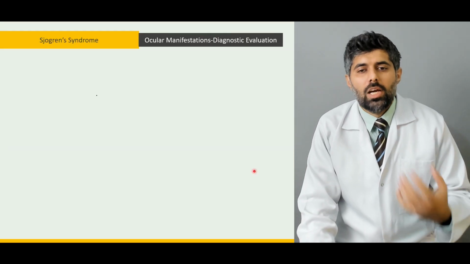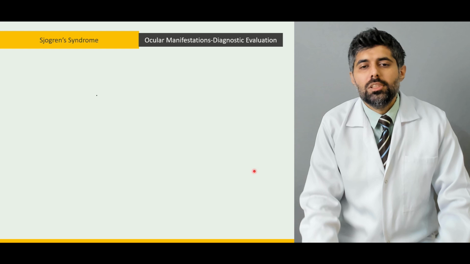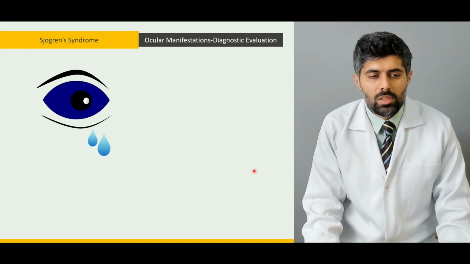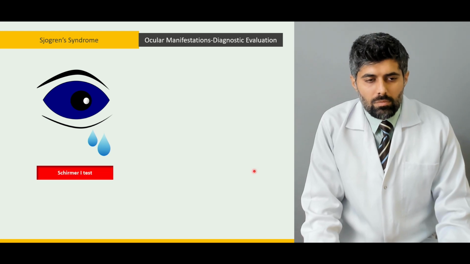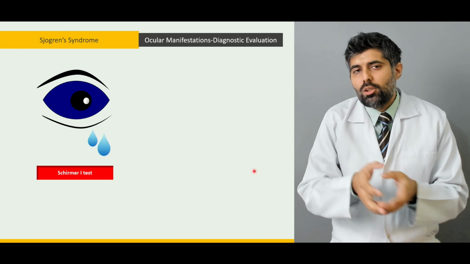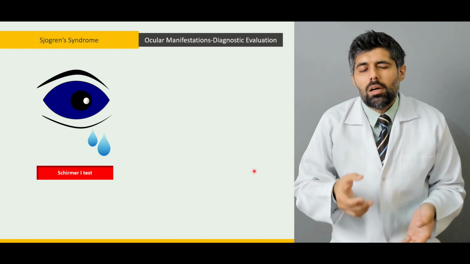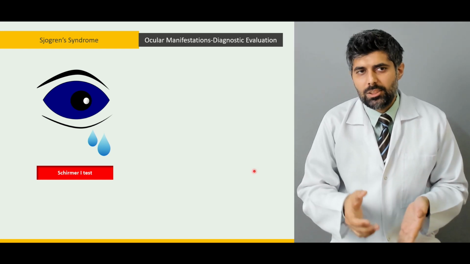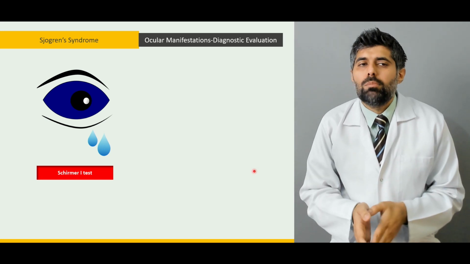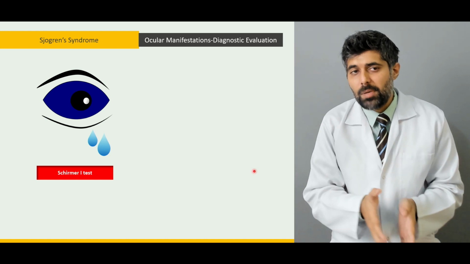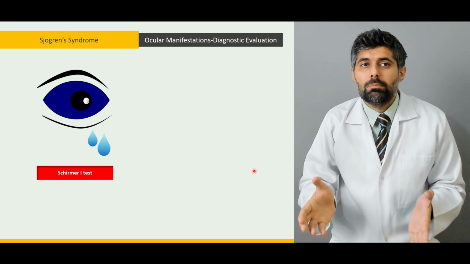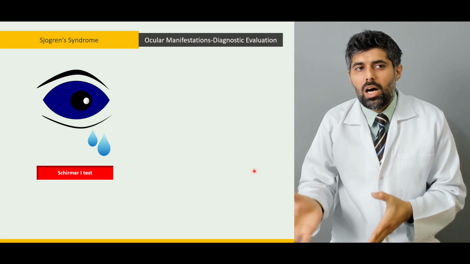Next, we have the ocular manifestations with their diagnostic evaluation. Now, in order to diagnose a patient with Sjogren syndrome, there are usually three tests that we perform. It can be established on the physical exam that the patient has keratoconjunctivitis sicca, or simply dry eyes.